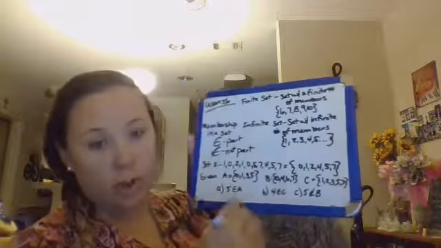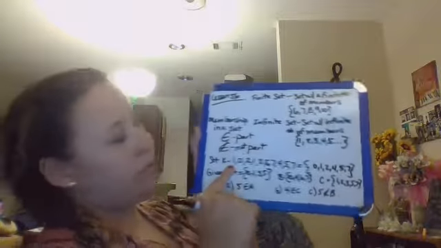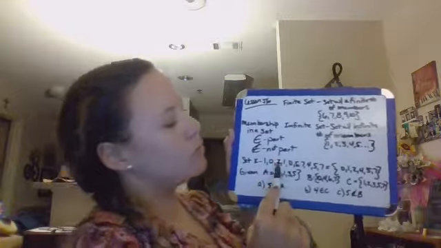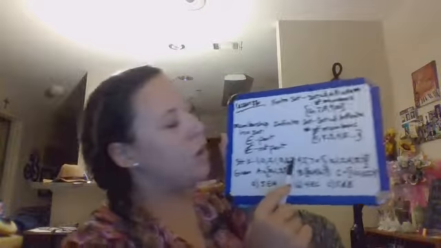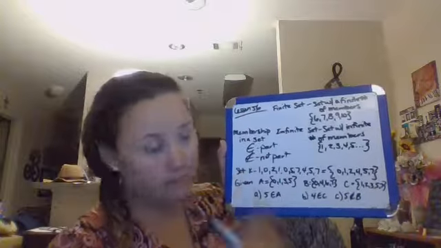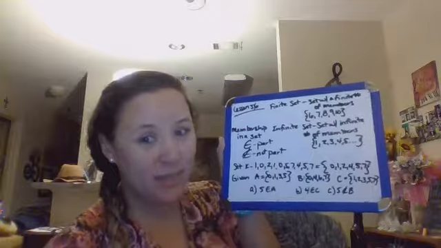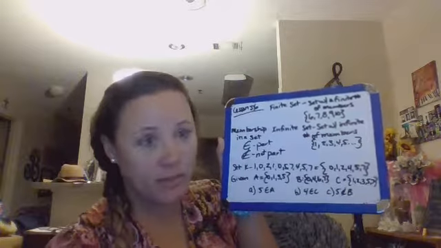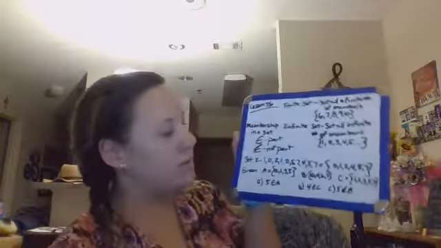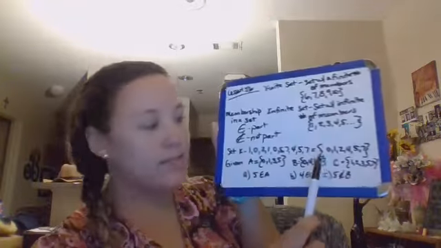So then here's our problem. We've been given a list of numbers: 1, 0, 2, 1, 0, 5, 7, 4, 5, 7, and we need to create set K from it. When we create a set, you only have to put the number in the set once, even if it's in the list 5 times. For example, 0 was there twice, but I only have it once in my set.